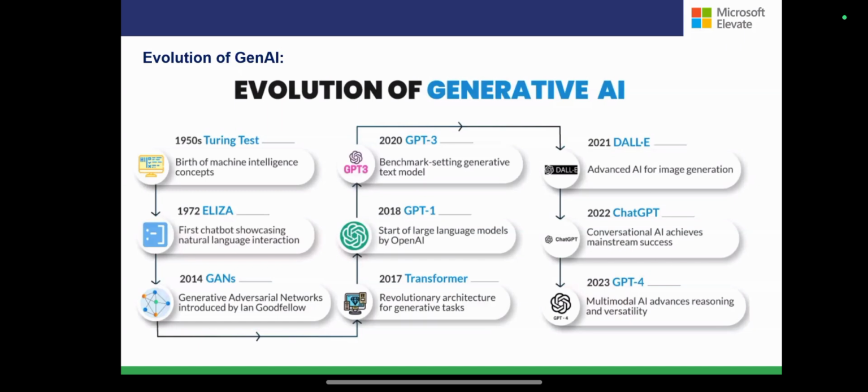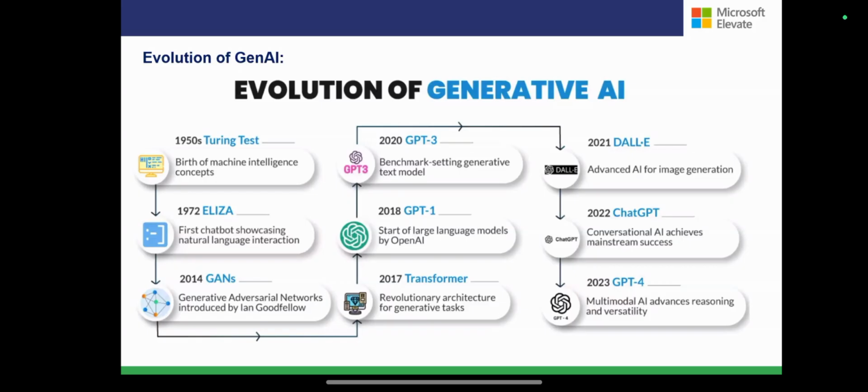GPT is one of the LLM models from OpenAI, and there are other LLM models from other companies as well. If you are talking about Google, we have Gemini. For Microsoft, we have the Phi series. IBM has the Granite model. Meta has the Llama model. Likewise, we have different models, right?